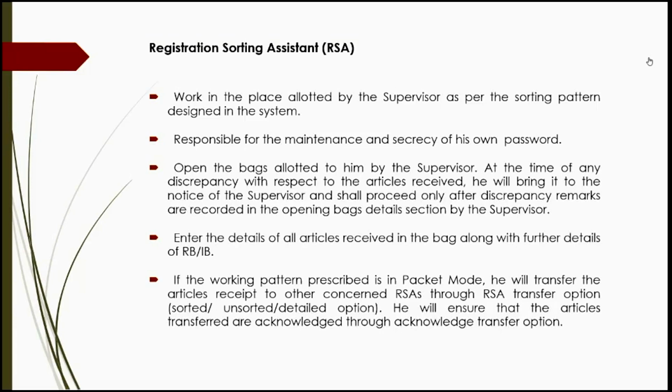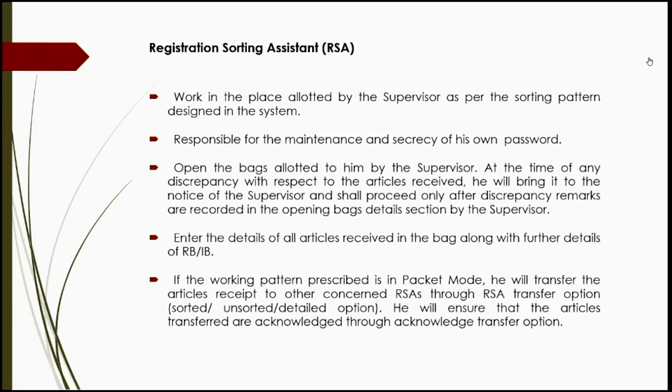After finishing everything, one particular registered sorting assistant, even in manual, after sorting everything, can only close bags to particular offices, say 4 offices or 10 offices. But after sorting, he finds that he has to close bags to 15 other offices also.